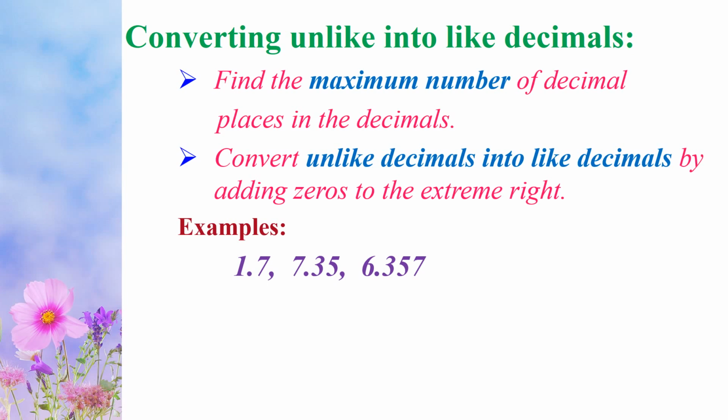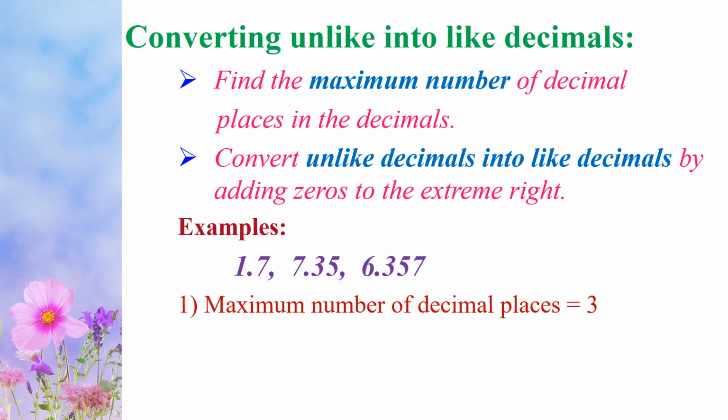Now we want to convert them into like decimals. First we find the maximum number of decimal places in the decimals. The maximum number of decimal places is 3. So the other unlike decimals are converted into like decimals by adding zeros to the extreme right.